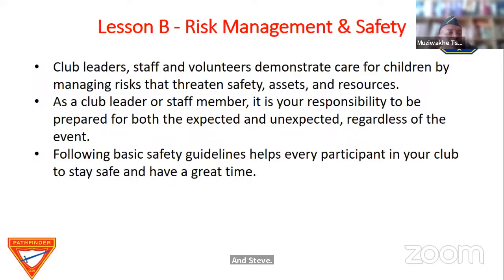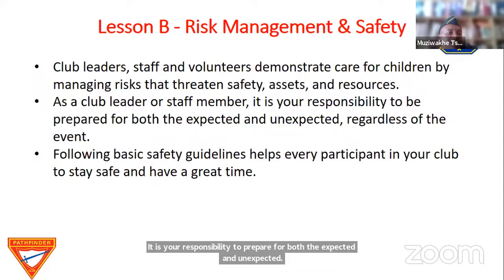Here, leaders, we emphasize that club leaders, staff members and volunteers should demonstrate care for children by managing risk that threaten safety, assets, and resources. As a club leader or staff member, it is your responsibility to prepare for both the expected and unexpected, regardless of the event.